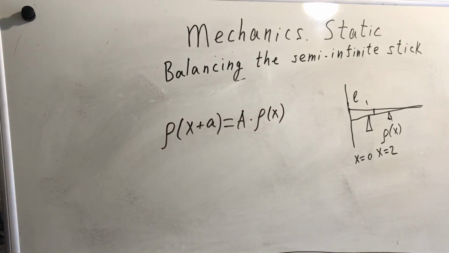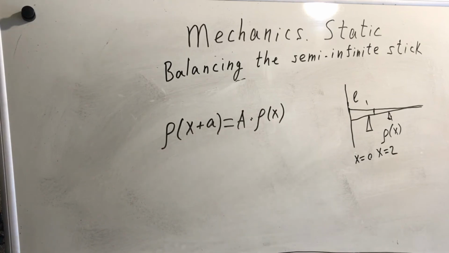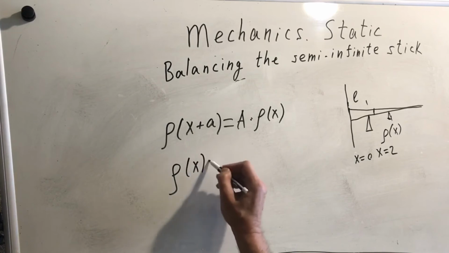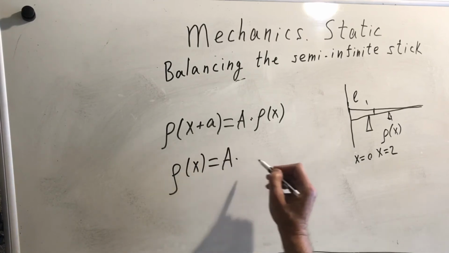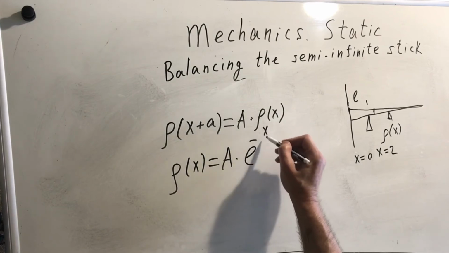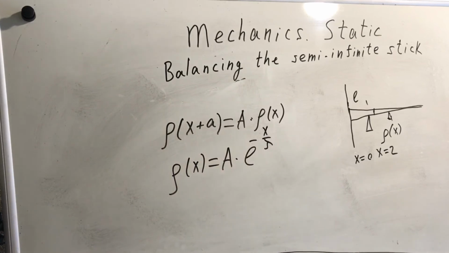And we know that this property is only true for the exponential function. So we can write that rho(x) equals a e to the power negative, let's say, x over lambda. And now we can put this expression into our formula for torque.